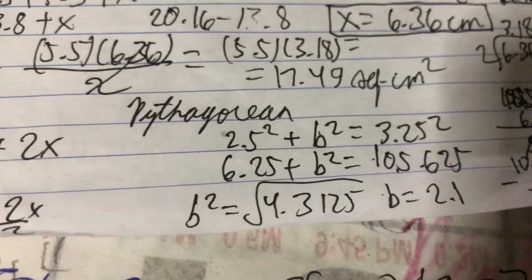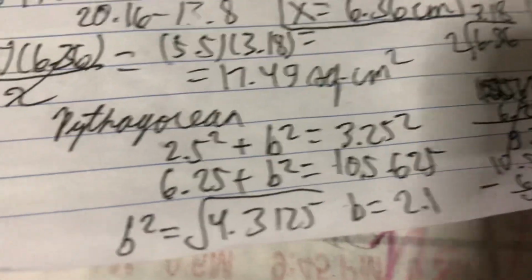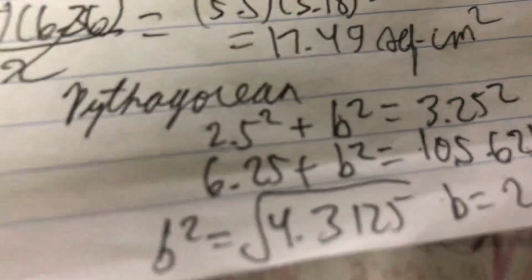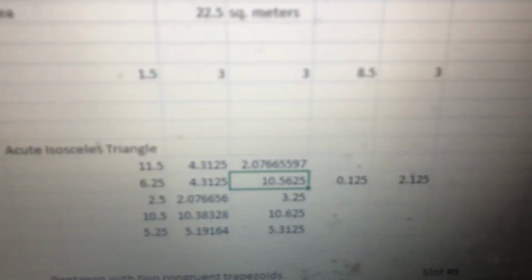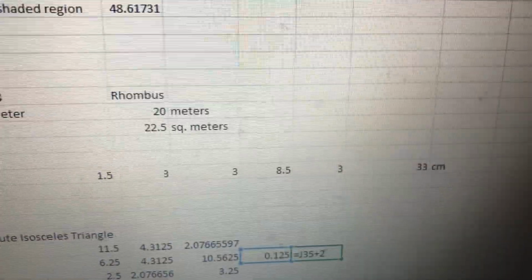Then we take the square root of that. Then we should know that our height should be about 2.1 inches. Or 2.125 inches. So this is the formula, 2.125 inches. That should be the measure of your height. Okay?